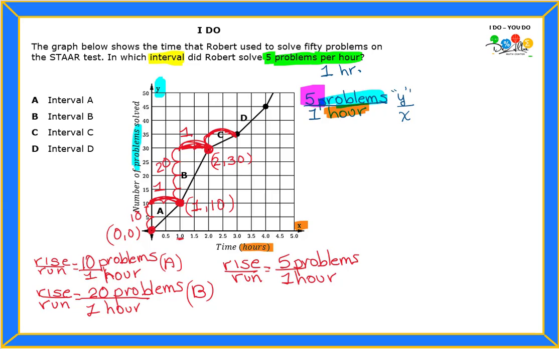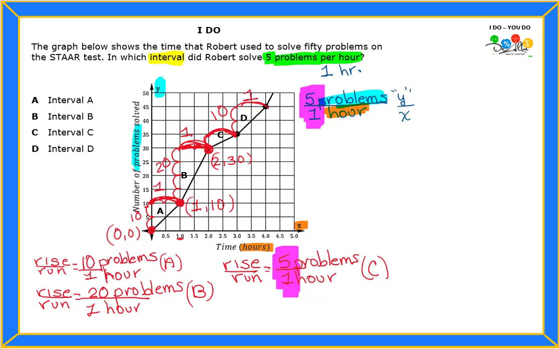It is the same, right? My problem gave me 5 over 1, and this is my C interval. It goes 5 problems up, 1 hour to the right. If you're wondering if the last one works, let's do it. This is 10 problems, and this will be 1 hour. So interval D and A are exactly the same. Very good. So apparently it looks like my answer is letter C.